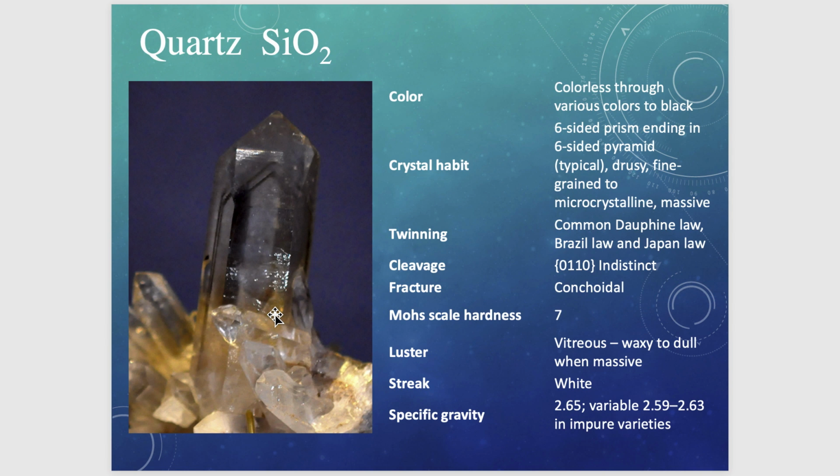It grows essentially with a pseudo-hexagonal shape, so you form elongated prisms with a pyramid on top that is composed of 6 faces. So if you count them, you will be able to recognize it. Also, if you look at the crystals, they are very translucent, and they usually have a high hardness, so a hardness of 7, which easily scratches glass, and it's also going to scratch the feldspars.